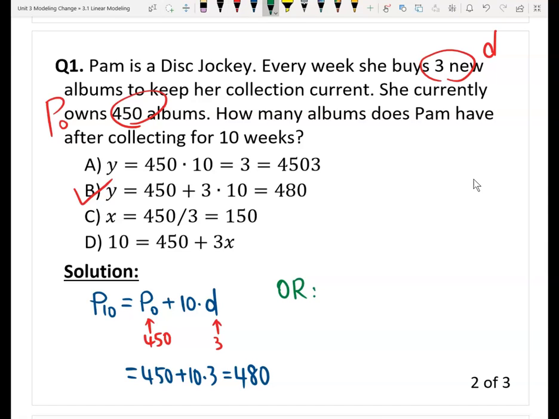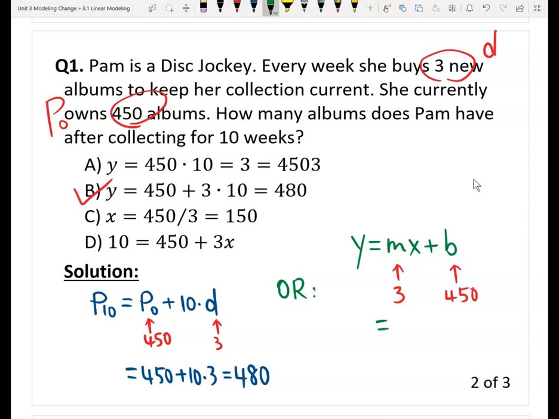So do the same way, right? What is m? m is the slope. Slope is D, the common difference, which is 3. What is b? b is the initial value, which is P0, 450. Of course, we get the same.